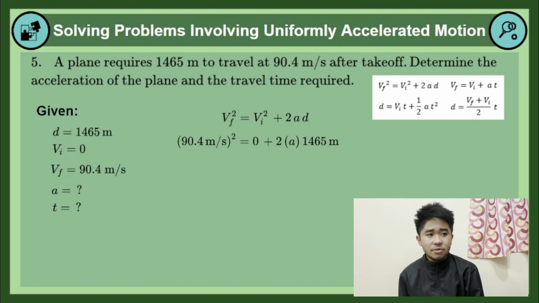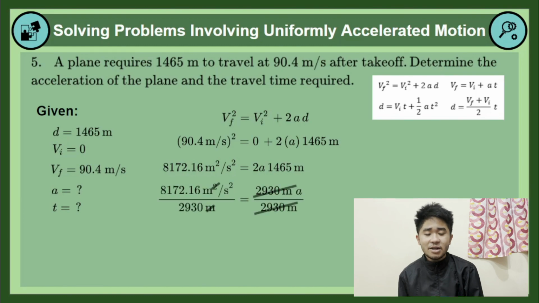Squaring the final velocity will result to 8,172.16 meters squared per second squared, and then multiply 2a and 1,465 meters, which will now be 2,930 meters a. After that, divide both sides by 2,930 meters to cancel like terms. After that, divide 8,172.16 meters squared per second squared by 2,930 meters, and our acceleration is now equivalent to 2.79 meters per second squared.